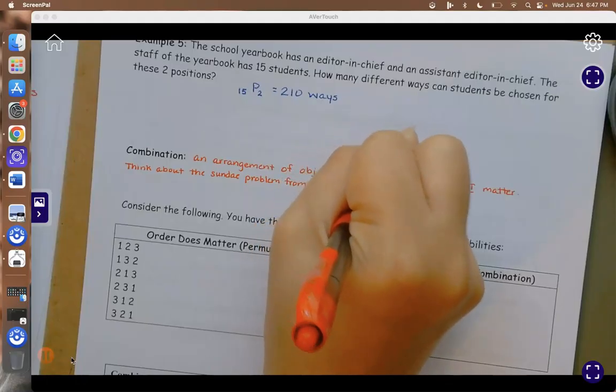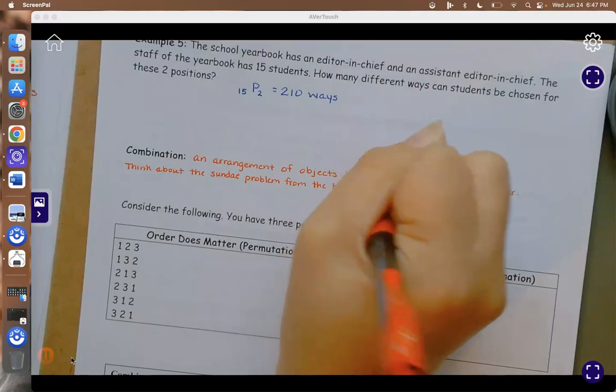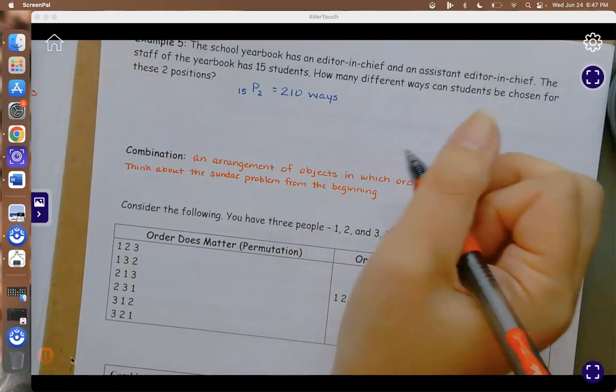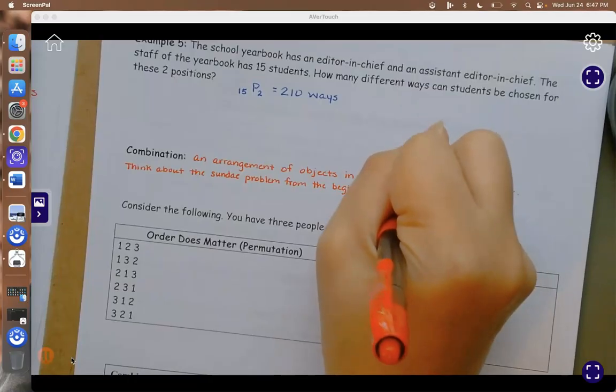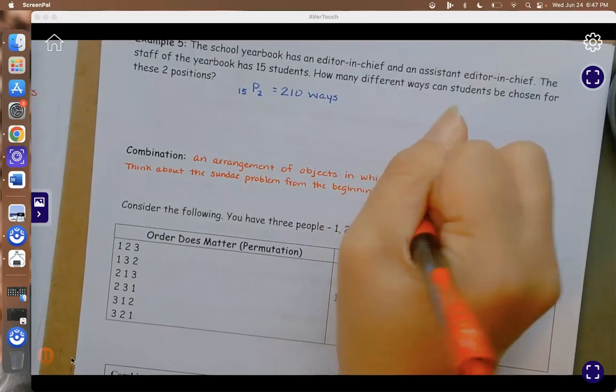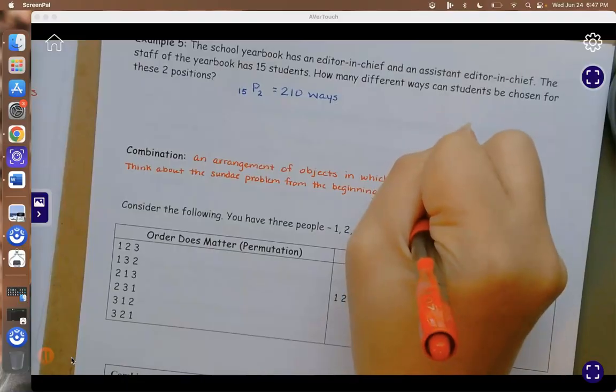That's the one where we had the Sunday and we were picking 4 toppings. Okay, it is a combination.